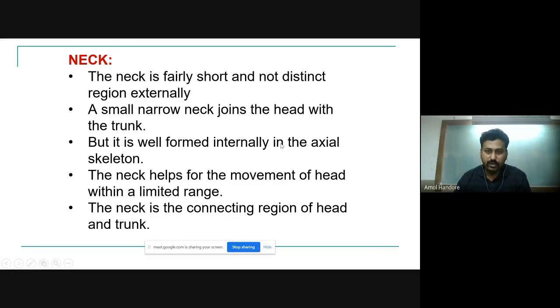As I told you, if you see the axial skeleton of the Calotes, the bones of the neck are very well formed. What is the function of the neck? It helps in the movement of the head in a limited range. Okay, so it cannot move 360 degrees, but it can move to both sides so that it can visualize its surroundings.